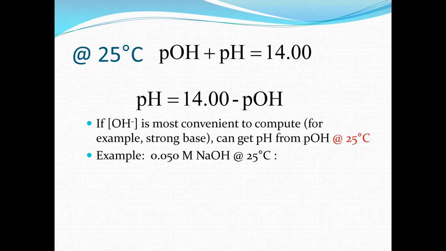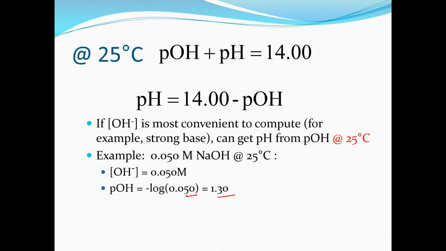So for example, if we go back to our 0.050 molar NaOH solution at 25 degrees Celsius, we've already calculated the pH through the H plus concentration. But if we do this from the OH minus perspective, it's a pretty straightforward and quick calculation. So the hydroxide concentration is 0.050, which means that if we take the negative log of that, we get the pOH. And again, sig figs here makes sense.